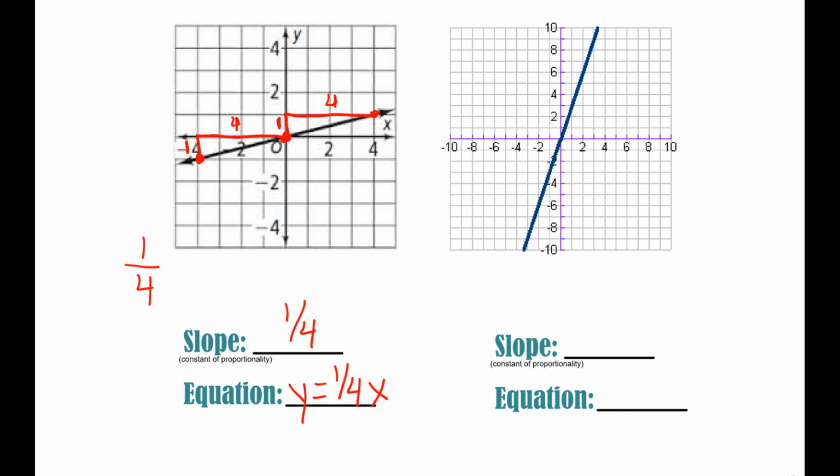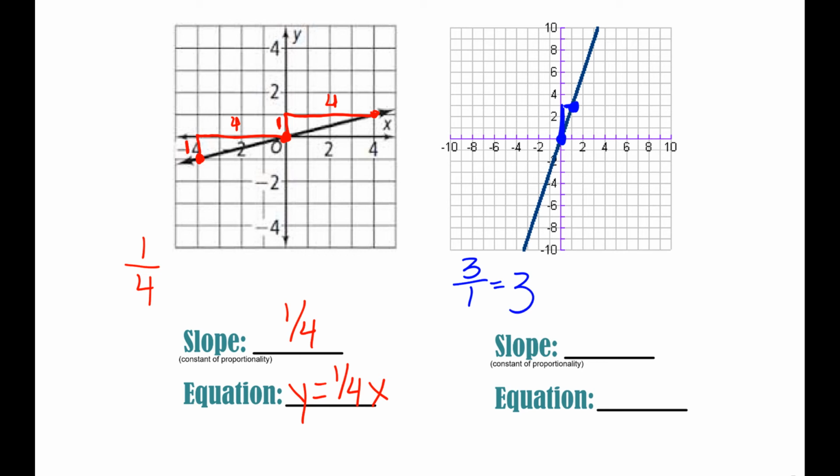On the second one, you have a bunch of different options that you could use. So maybe a couple points that you saw would be these two. If you chose those two, that would be going up 3 and then over 1. So 3 over 1, which is 3.